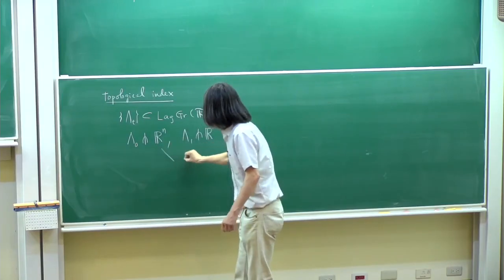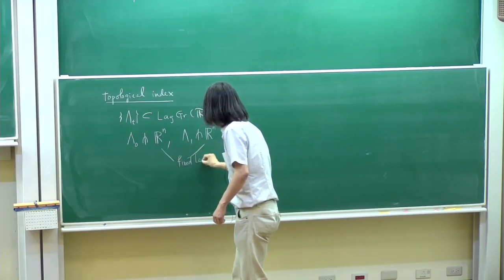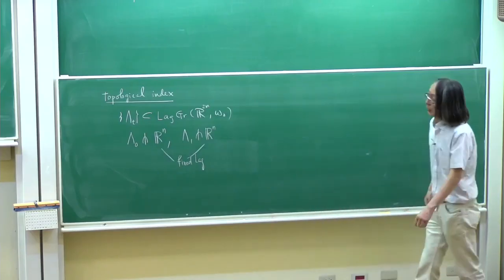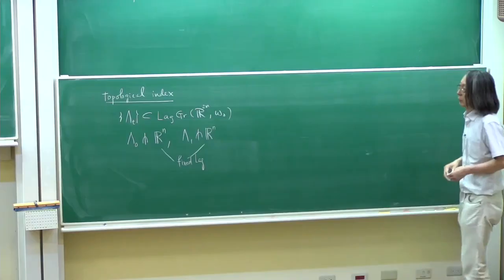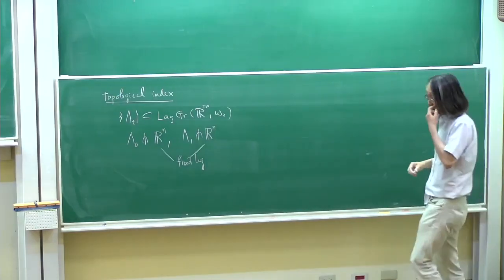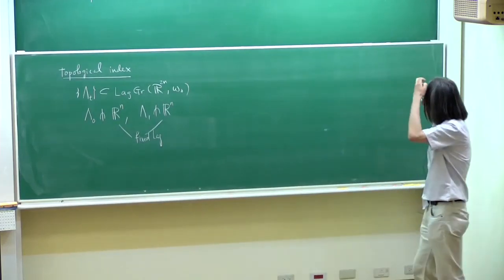So they are fixed Lagrangians. And then I want to give you the definition of the topological index in this case. So the definition is the following.